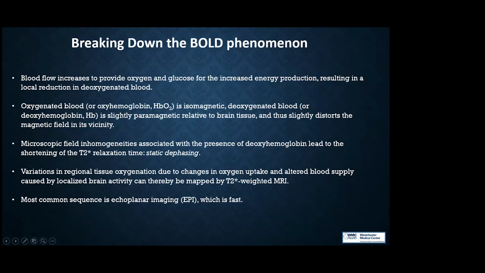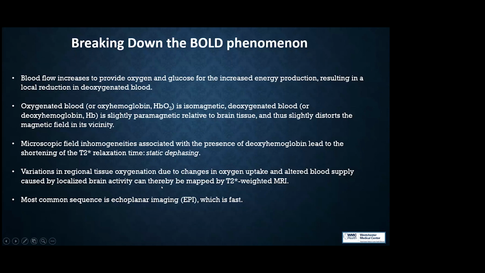These subtle changes in the microscopic magnetic environment allow us to acquire the functional MRI brain signal. In areas where there's not a lot of neuronal activity and there's more deoxygenated blood, that distorts the magnetic field, and you get T2 star relaxation or static dephasing.